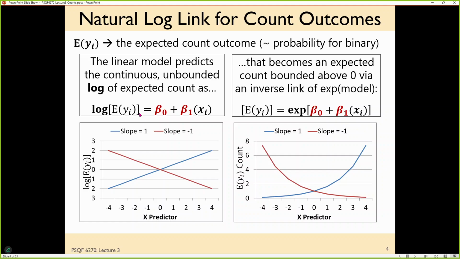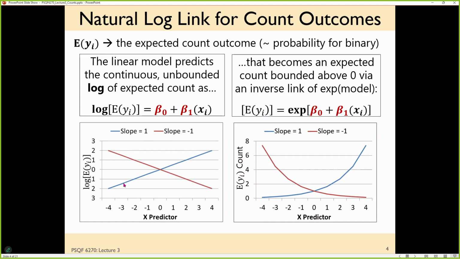So the log of the expected count is what the model is going to predict directly. And you will hear me shortcut this to say log count, because log of the expected count is a mouthful, but that's really what it is. Then to get it back into the scale of expected count, we exponentiate. So e to the predicted log count gets us back into expected counts on that metric.